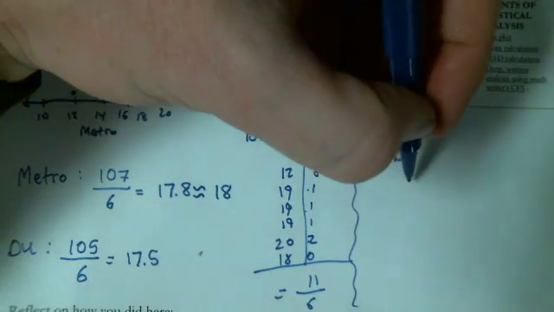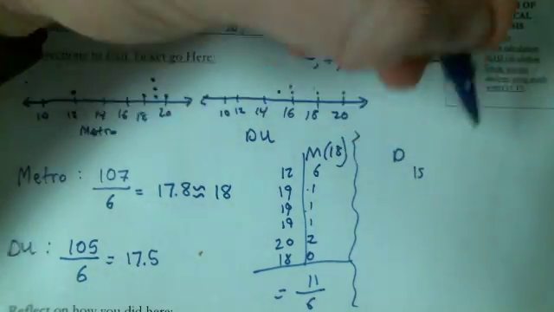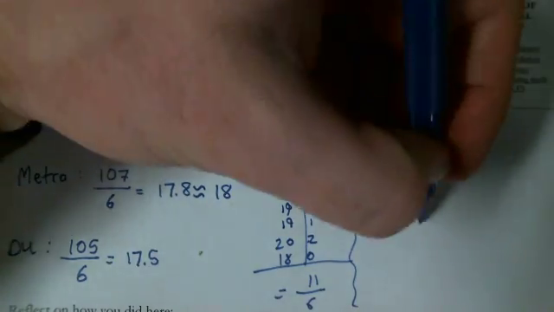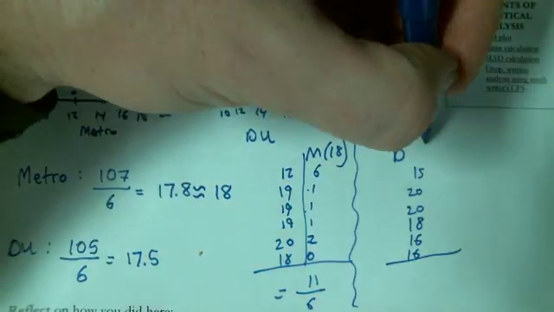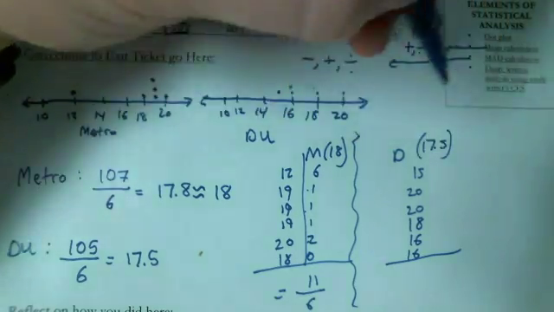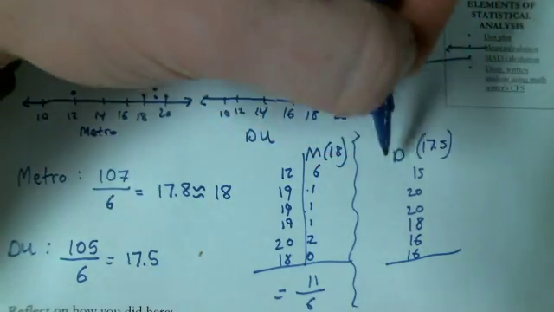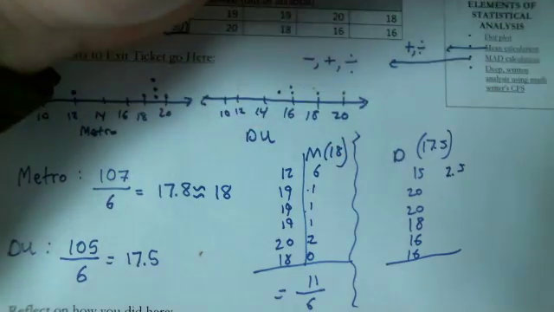Let's do DU while we're at it. So DU, we have 15, 20, 20, 18, 16, 16. This time we have a bit of a weird mean. It's 17.5. So here, 15 would be about 2.5 away.